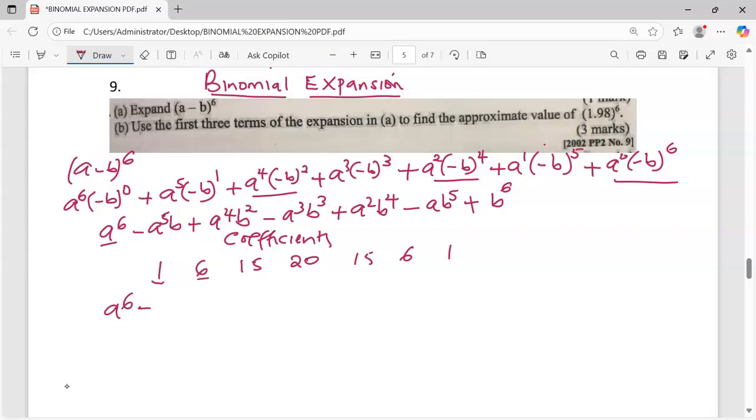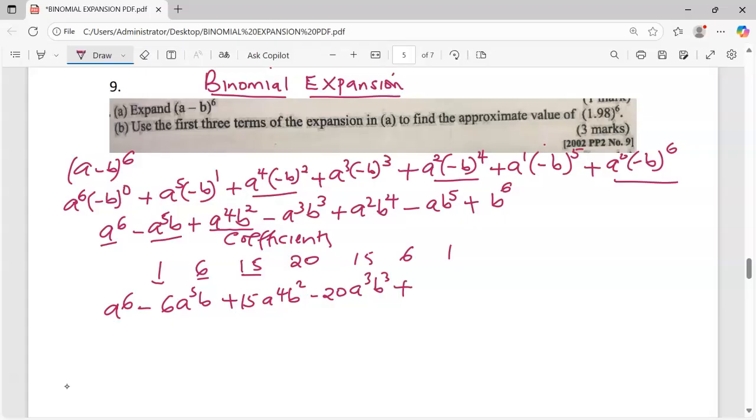Then minus 6 times minus a power 5 b will give us 6a power 5 b. Then next we have plus 15, you multiply by a power 4 b squared, which will give us 15a power 4 b squared. Next we are going to have 20, that is minus 20 a cubed b cubed.